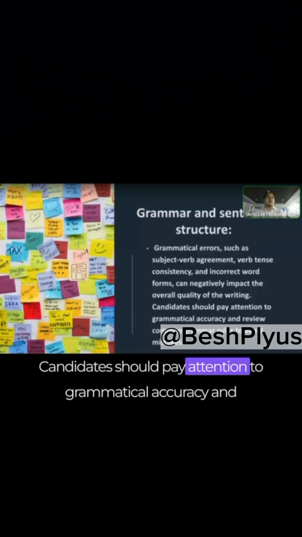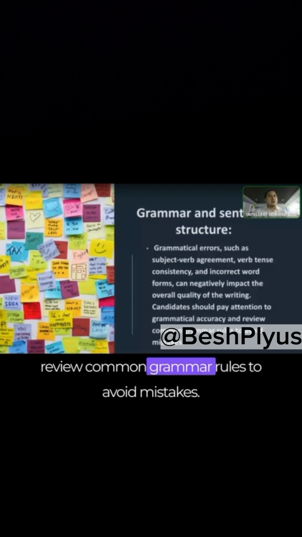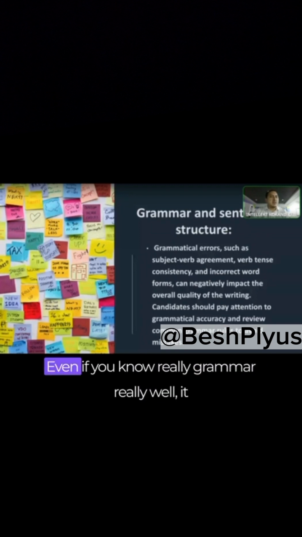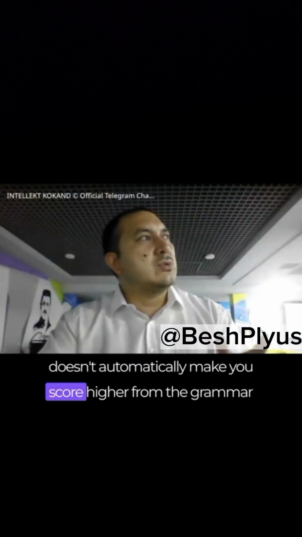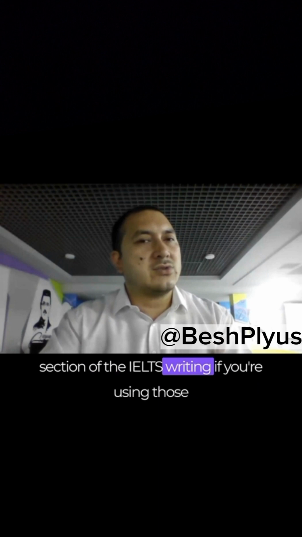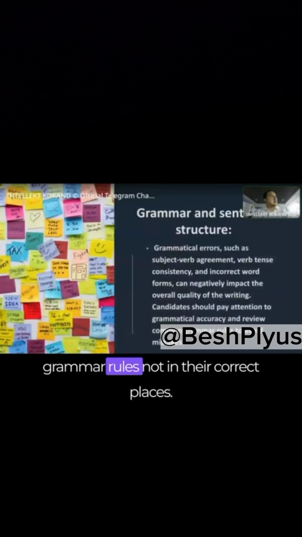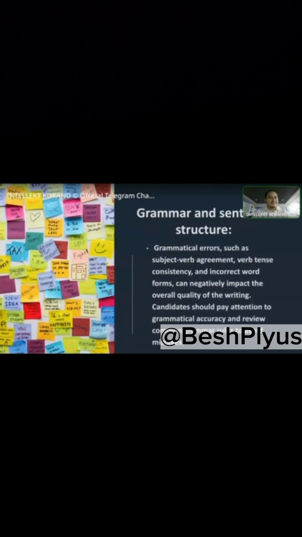Candidates should pay attention to grammatical accuracy and review common grammar rules to avoid mistakes. Even if you know grammar really well, it doesn't automatically make you score higher in the grammar section of IELTS writing if you're not using those grammar rules in the correct places.